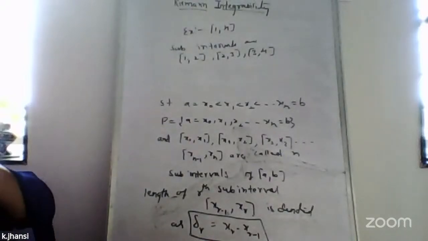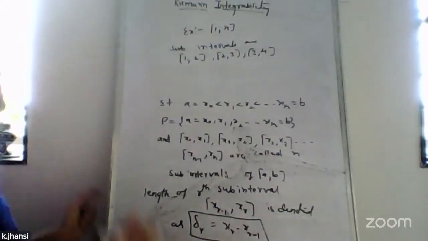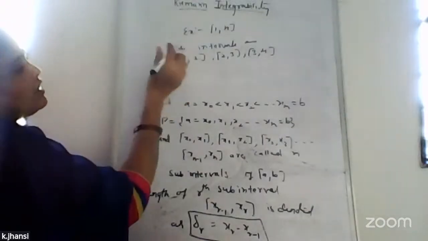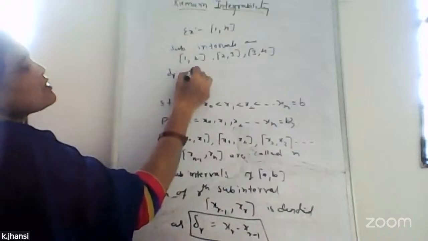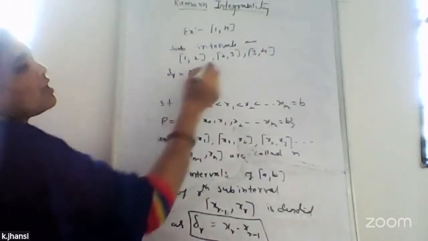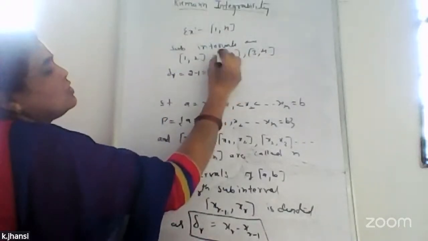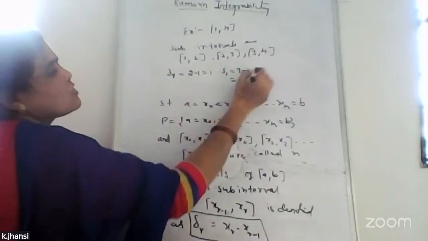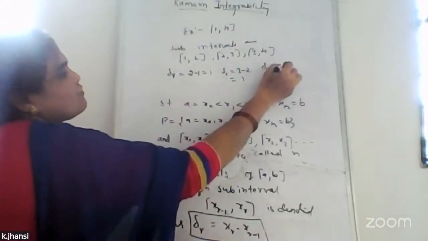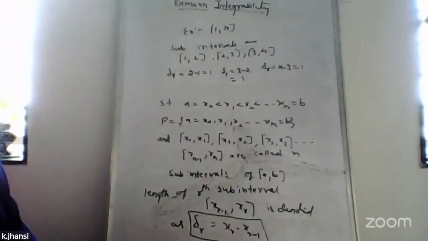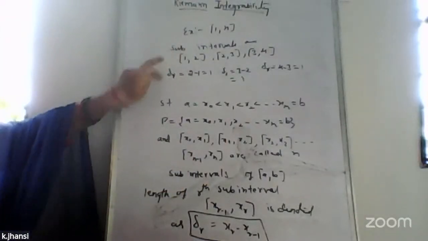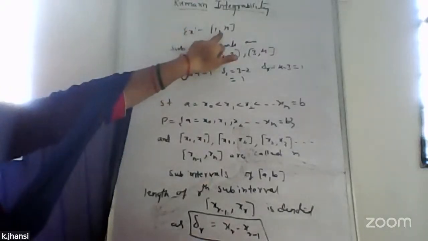If you want to find the length of the subintervals, then delta r is equal to 2 minus 1 equals 1. Here delta r is equal to 3 minus 2 equals 1. Here delta r is equal to 4 minus 3 equals 1.